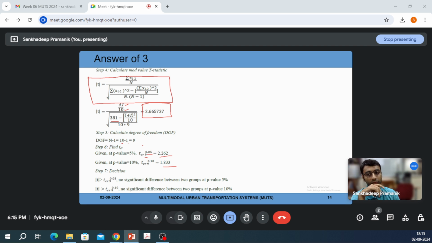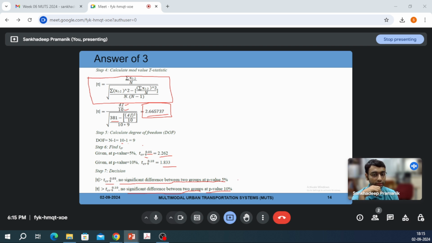Now in the first case, for 5% level, the T statistics value 2.66 is greater than this critical value, so no significant difference between two groups at P 5%, and for 10% also there is no significant difference between two groups at P value 10%.